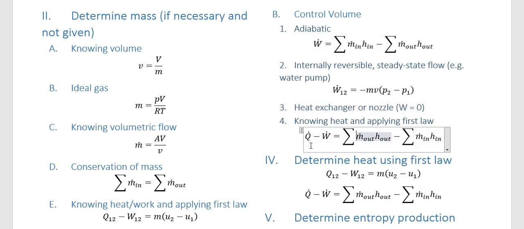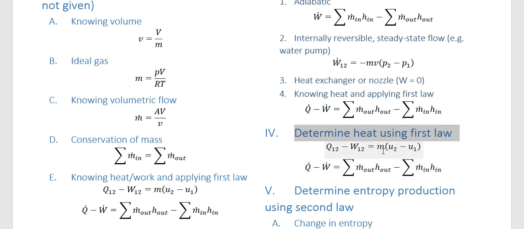The other way we could find work is, if I know the heat transfer, I can use the heat transfer along with the H in, H out to find that work. Again, this would be similar to the adiabatic, where I know the heat transfer is 0. If I know the heat transfer is something else, I would use the first law equation. Okay, so now we set our states, we find our mass, we determine the work, whether it's for a control volume or a closed system, and then we're left with finding the heat.